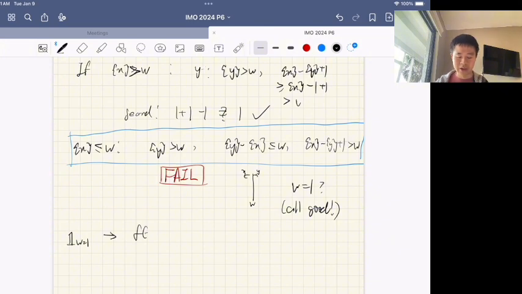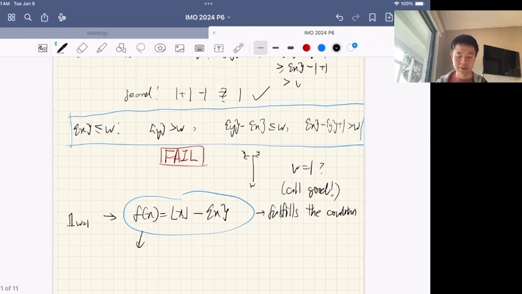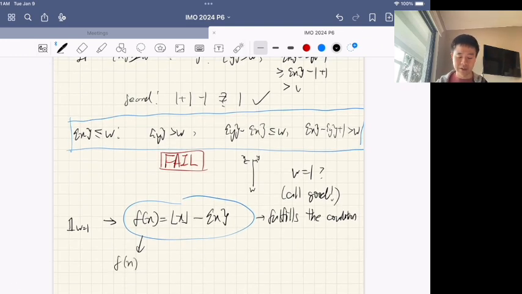So meaning that what we have is that f(x) equals floor of x minus the fractional part of x. So this is the function that will make the condition work. And then what is f(x) plus f(-x)?